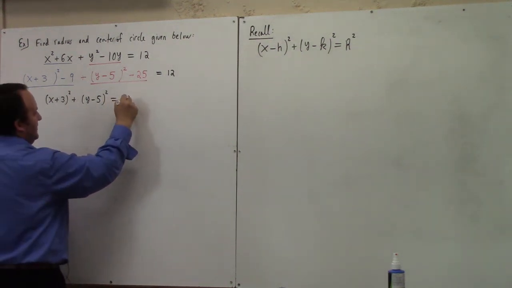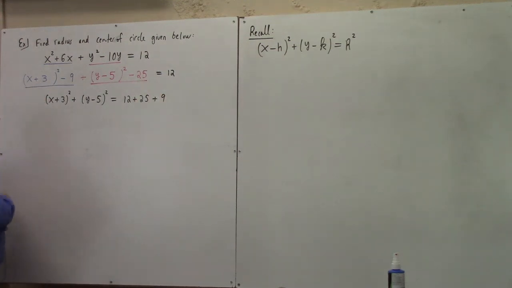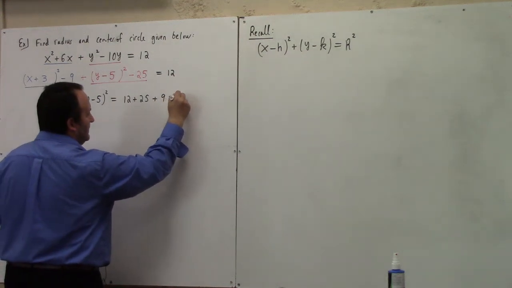Well, I'll write it down. 12 plus 25 plus 9, right? So I think 46 is right. 12 plus 25 is 37. 37 plus 9 is 46, yeah. You're right. So it's 46.